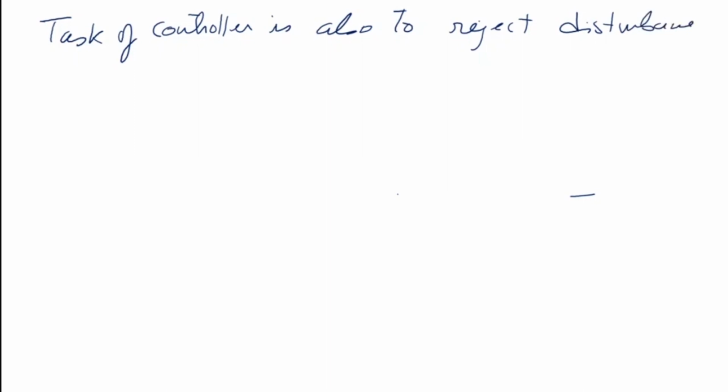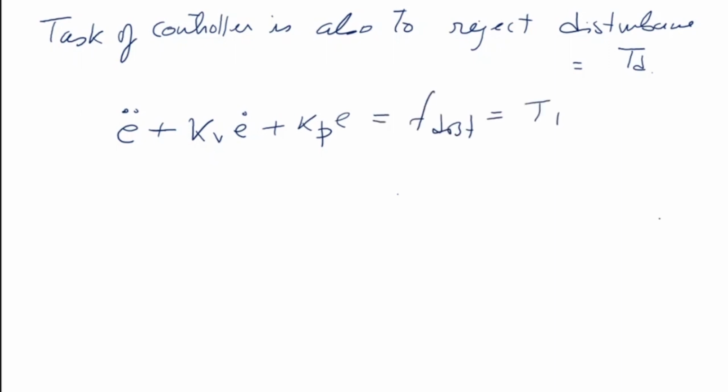This disturbance is your dynamic torque TD. We have said that what the dynamics does is essentially start disturbing the system. And if you write our controller like this, E double dot plus Kv into E dot plus Kp into E is equal to F disturbance, which is equal to TD.